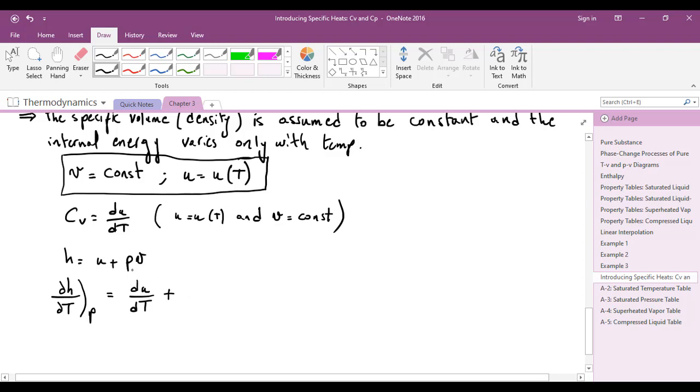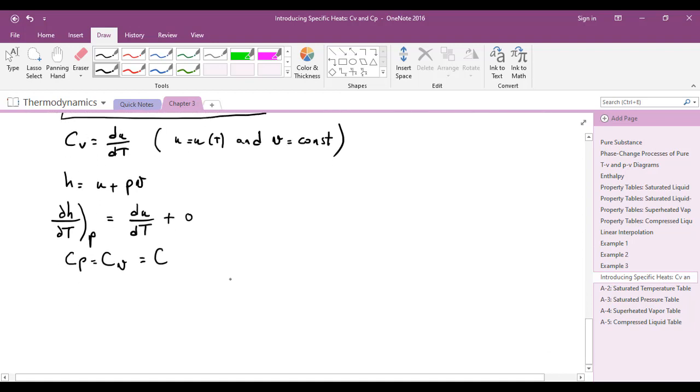P is constant, and the derivative of the specific volume is 0 since the specific volume is unchanged. So now Cp should be equal to Cv and is equal to C.